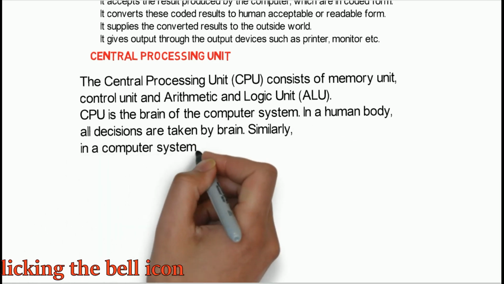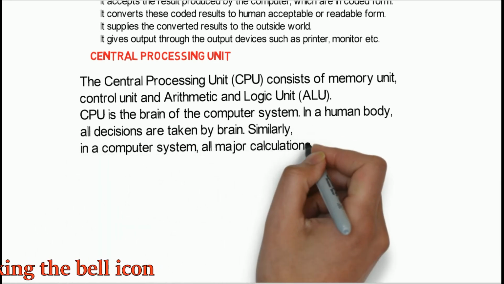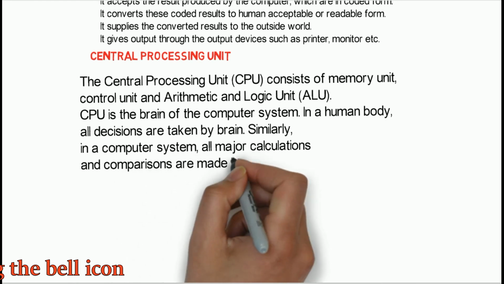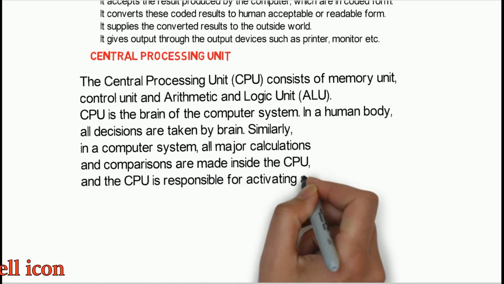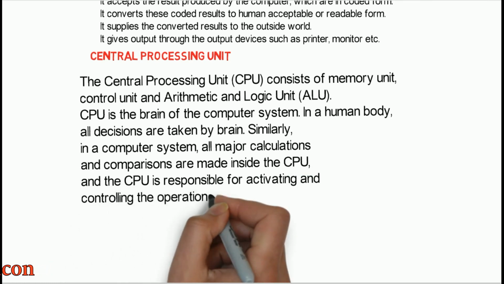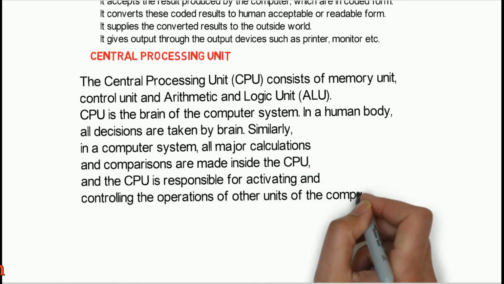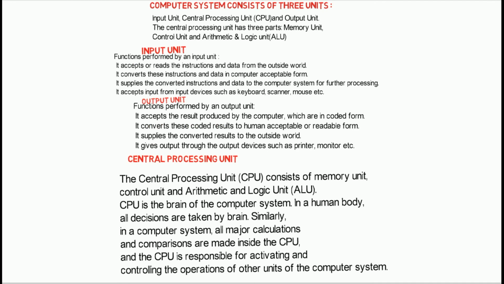Similarly, in a computer system, all major calculations and comparisons are made inside the CPU, and the CPU is responsible for activating and controlling the operation of other units of the computer system. So this is the part of the entire work of computer structure.